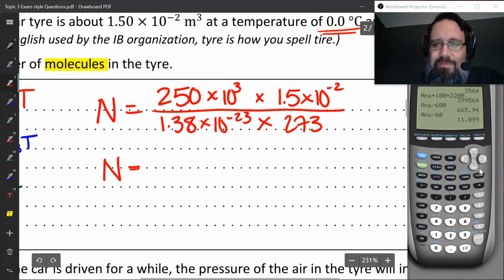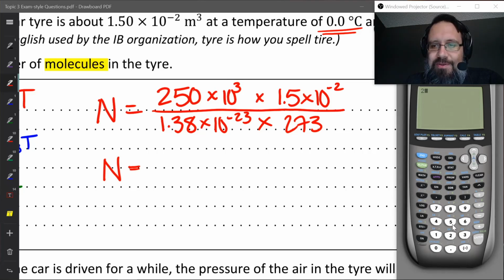So now I'm just going to plug all this in the calculator, big mess. So 250 times 10 to the third power times 1.5 times 10 to the negative 2 divided by, open a parentheses, 1.38 times 10 to the negative 23. And I'm making sure that I'm dividing by all of this, 273. Okay, and then we hit enter.